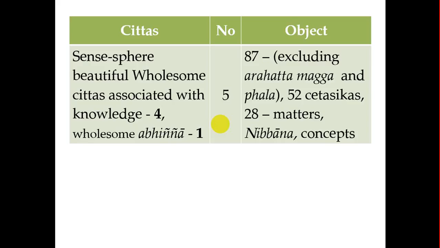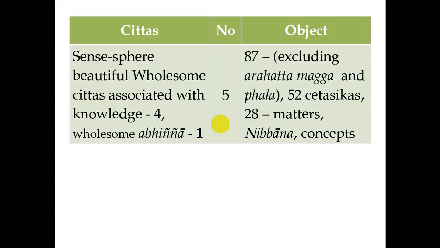The reason is, these Arahata path and fruition, Arahata Magga and Arahata Phala, are beyond their reach, right? Therefore, other than Arahata Magga and Arahata Phala, they can take other objects.